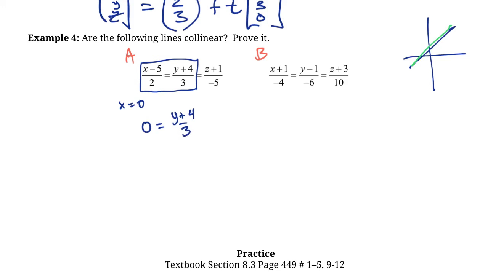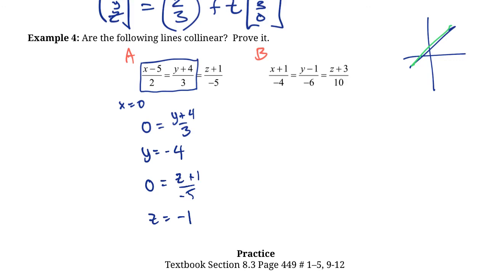Essentially the t value I chose for this equation is 0, because remember, each one of these equals a t value. So I can now solve for y, and y is going to be equal to negative 4, because I cross multiply that 3 by 0 and move the 4 to the other side. Then I can do the same thing for the z coordinate. That's also going to be equal to 0, so 0 equals z plus 1 over negative 5, which gives me z equals negative 1.